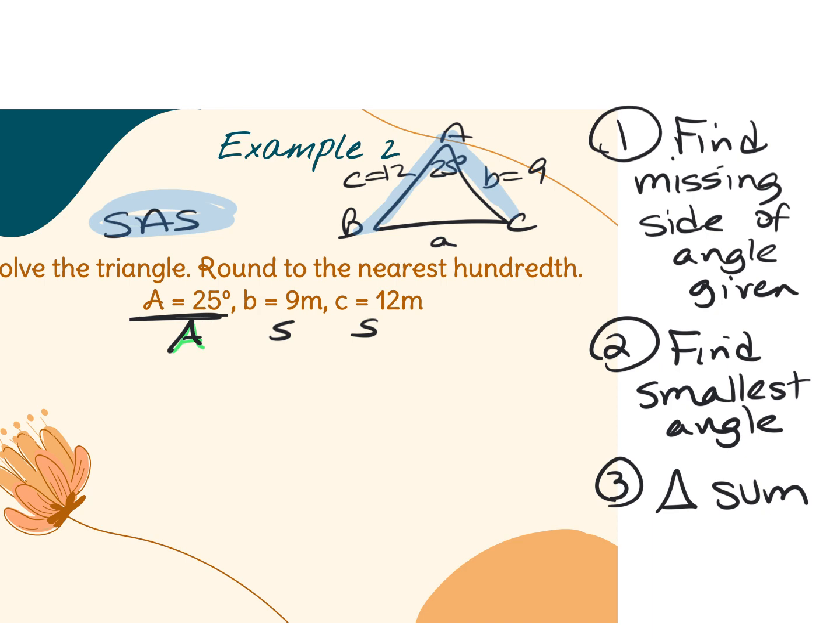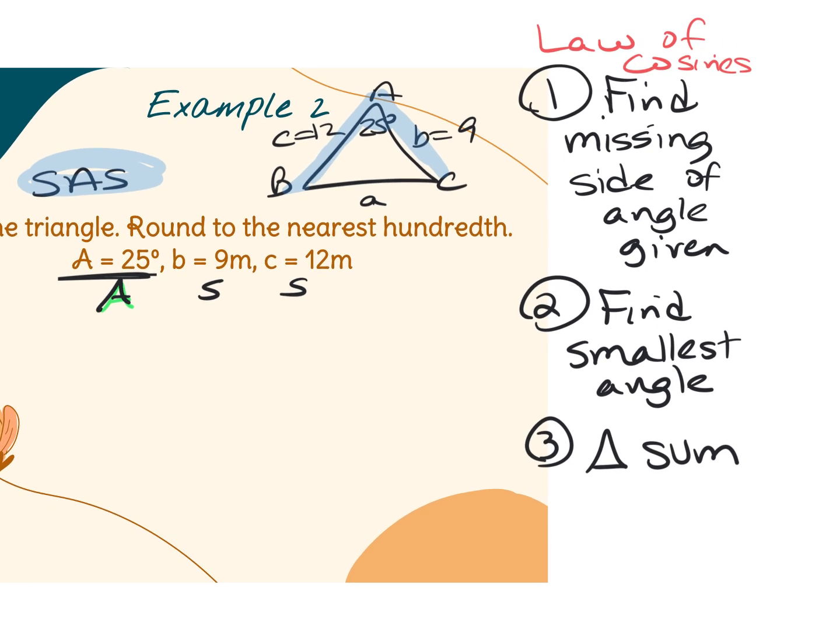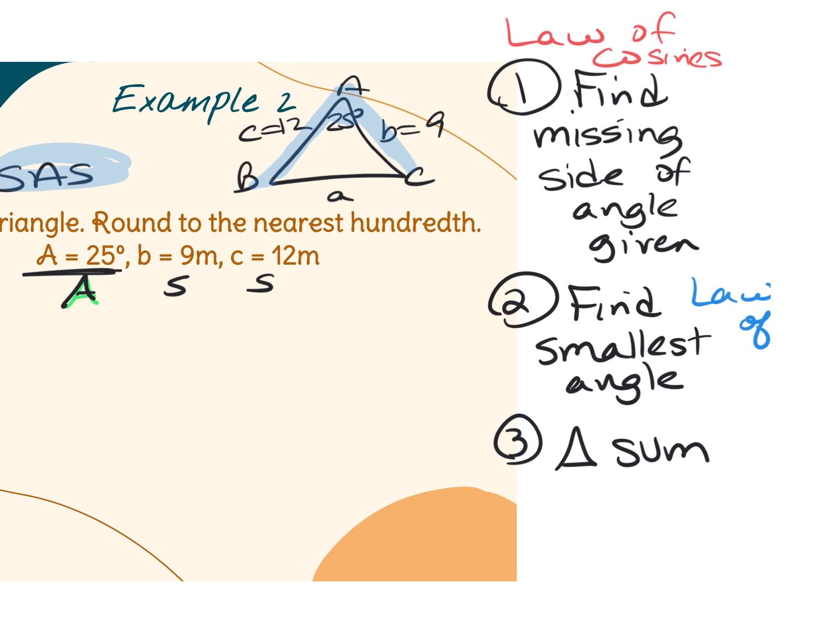What's different is step 1, and this one, we're using law of cosines in step 1, and in step 2, it's law of sines. So step 1, when it's side, side, side, and side angle side, is always going to be law of cosines. Step 2, always law of sines. And then step 3, triangle sum.